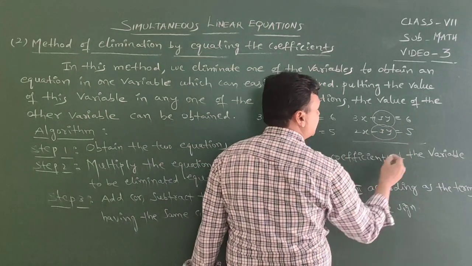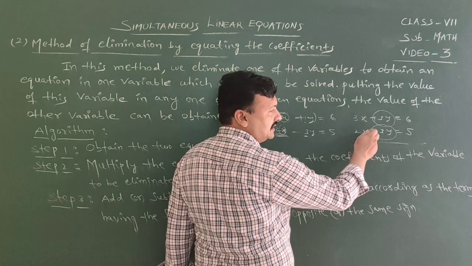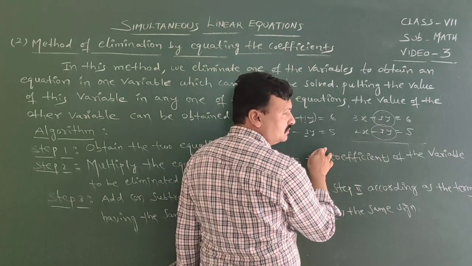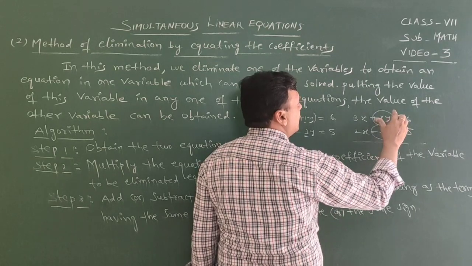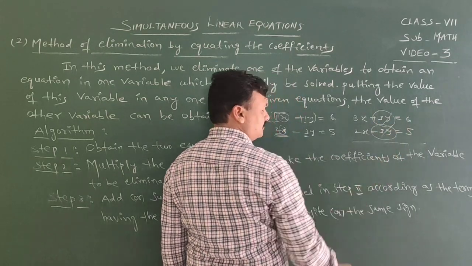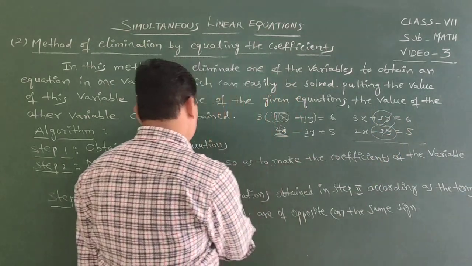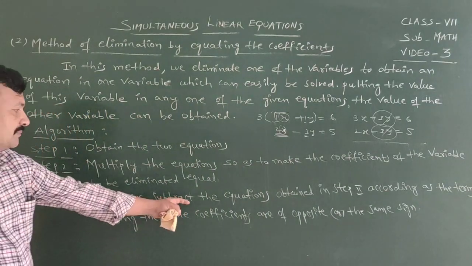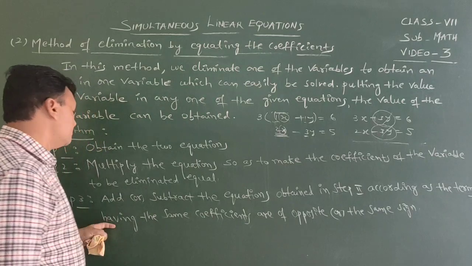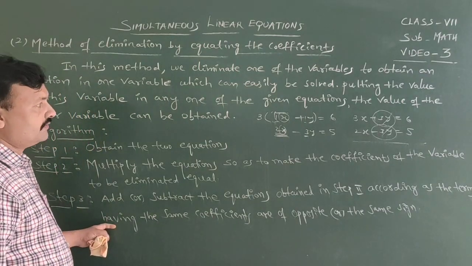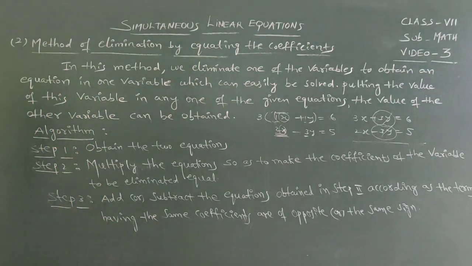At that situation we want to cancel these two, so if you add now, plus 3y and minus 3y get cancelled. Add or subtract the equations obtained in step 2 according as the terms having the same coefficient. First of all, we need to convert into the same variable coefficients by multiplying.